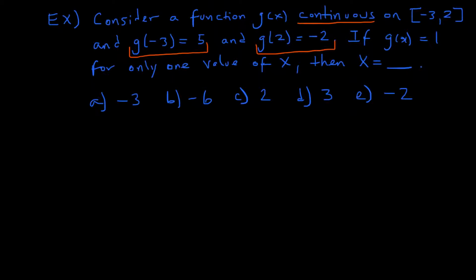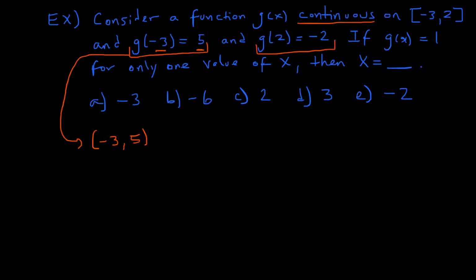Many students might be a little confused by those symbols, but they're just notation for points. So for instance, the very first one is saying you have the point -3, 5, because x is -3 and g of -3, or the y at -3, is 5.